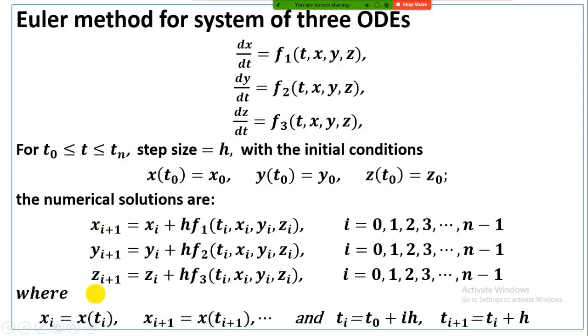Similarly, y_{i+1} and z_{i+1} can be written, where x_i is the value of x at t_i. x_{i+1} is the value of x at t_{i+1}, where t_i is t naught plus ih and t_{i+1} is equal to t_i plus h. This means that t naught, t1, t2 and so on are equally spaced.